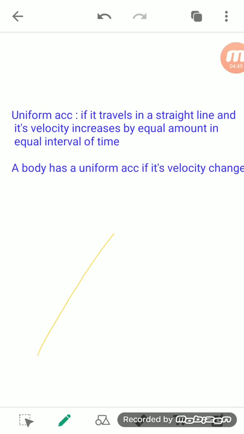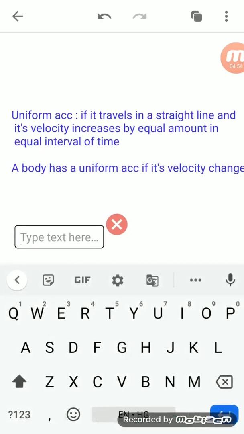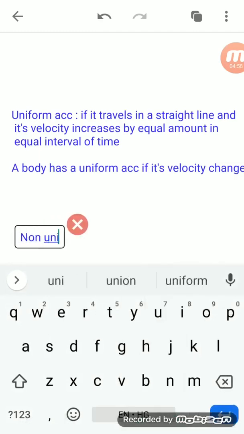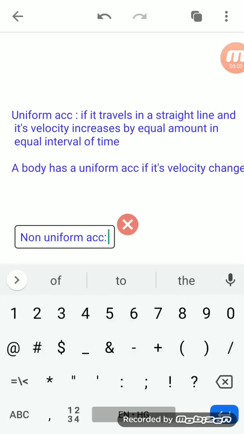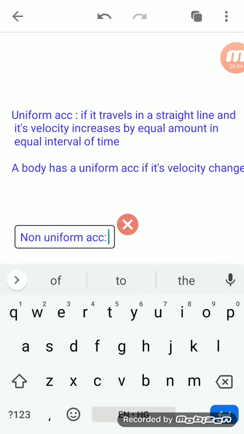Now we will see the next one, and that is non-uniform acceleration. I am not writing the full name of the acceleration. I think you are able to understand, but while writing in the copy please write it in full, that is, acceleration.